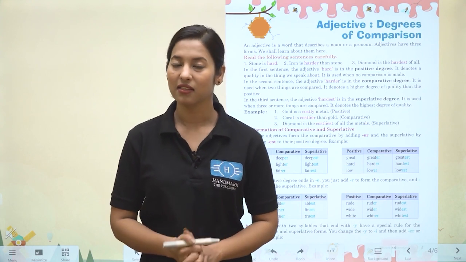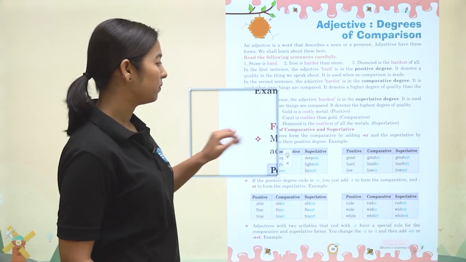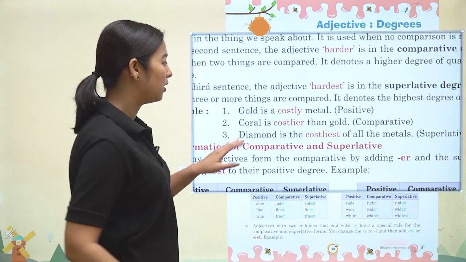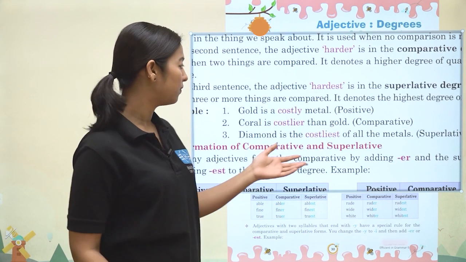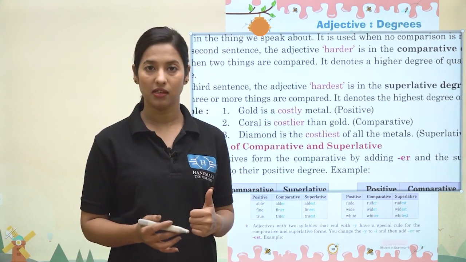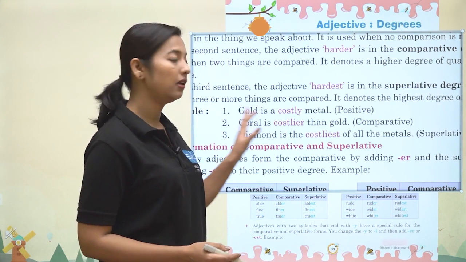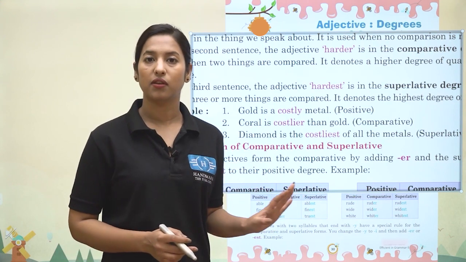Let's understand this with these examples here. Children, we can see some examples given here. Gold is a costly metal. In the first sentence, we have used the adjective costly to describe the quality of this metal, which is gold. So we are not making any comparison in the first sentence.